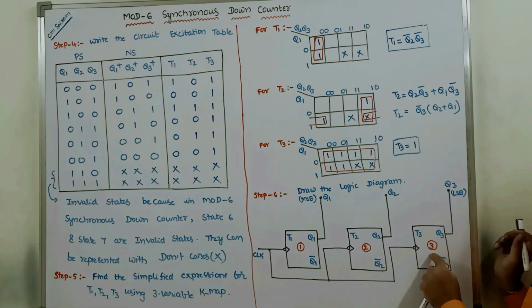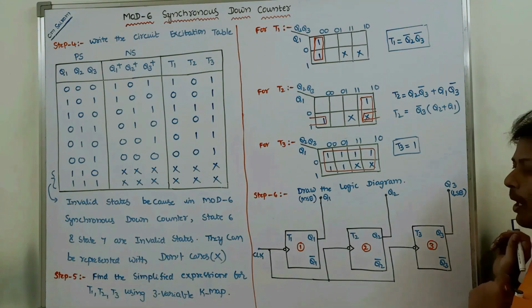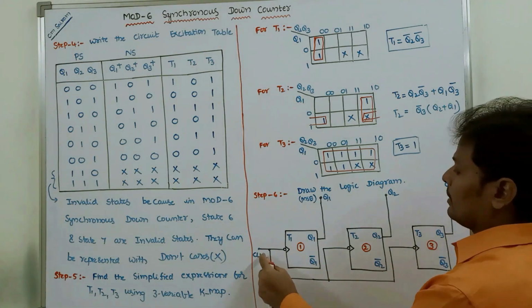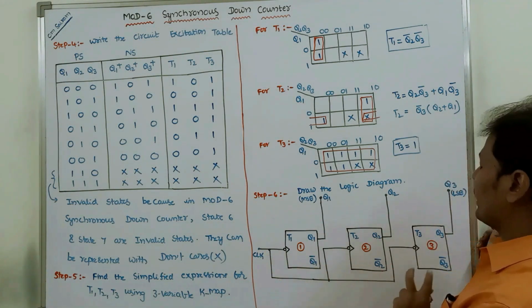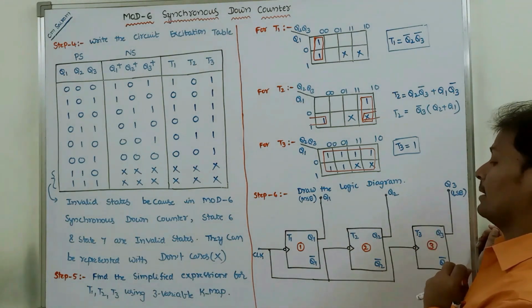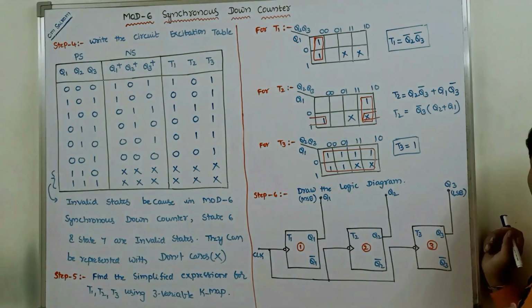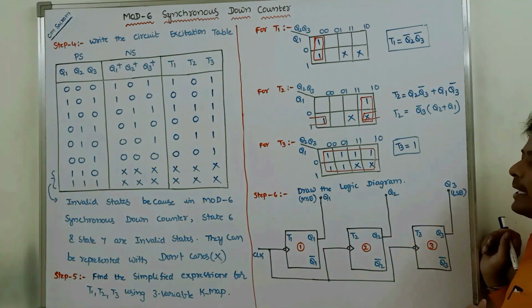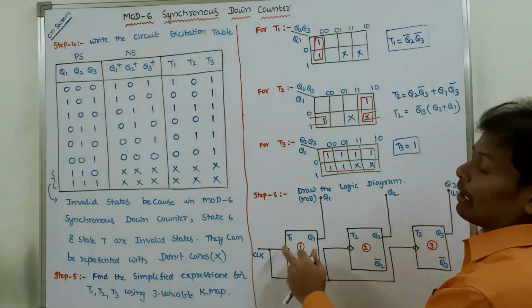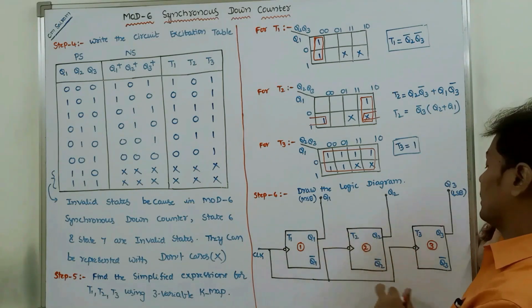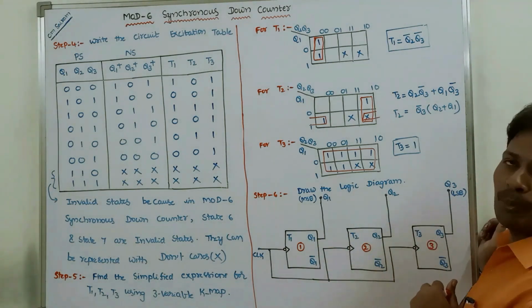For T flip-flop 3, the input is T3 and the outputs are Q3 and Q3 bar. And here the same clock can be applied to 3 T flip-flops at the same time. Here we have to use negative edge triggered flip-flops. Next one, negative edge triggered clock pulse we have to apply for 3 flip-flops at the same time.